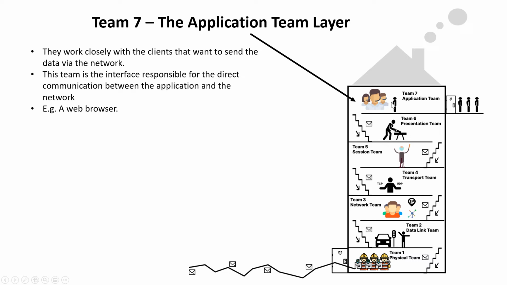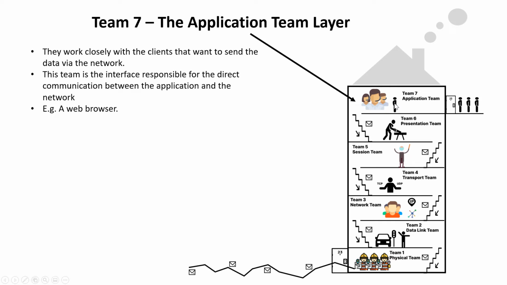So it enters the network factory and speaks to the first team, which is team 7, the application team. In the OSI model, the application team is basically the interface that allows the client of the network to actually start to communicate with the network. It is kind of like the call center.